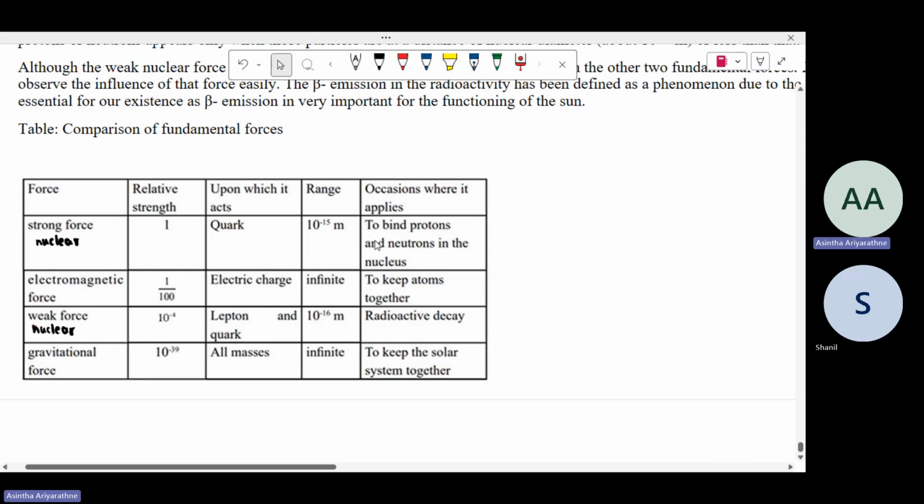To bind protons and neutrons in the nucleus, the strong force is utilized. To keep atoms together, electromagnetic force. Radioactive decay, like beta emission, happens using the weak nuclear force. And gravitational force keeps the solar system together.